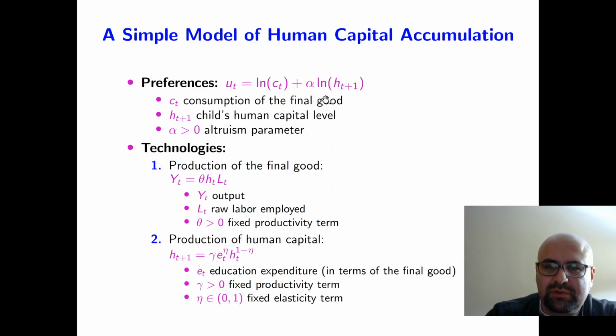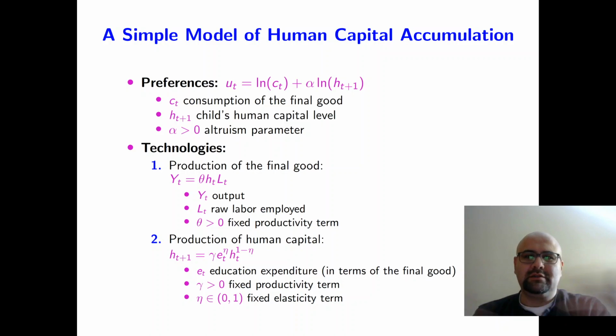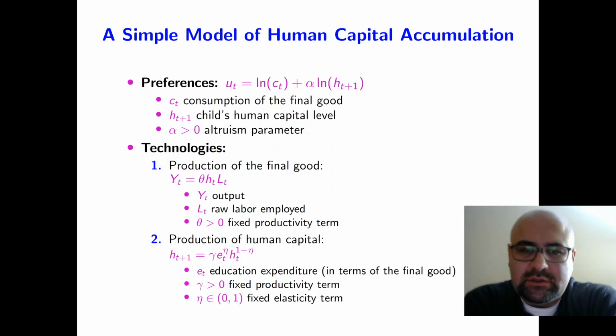And UT plus 1 appears here in this forward-looking term. Okay. Here we simplify such dynamics by assuming that adults directly obtain utility from their kids' human capital. And this is an economic motive actually, because if human capital is large for an agent or for a generation, then income is going to be larger, and then that's good for the kid. And since parents are altruistic towards their kids, that's good for the parent. Okay, so alpha then represents the altruism parameter.